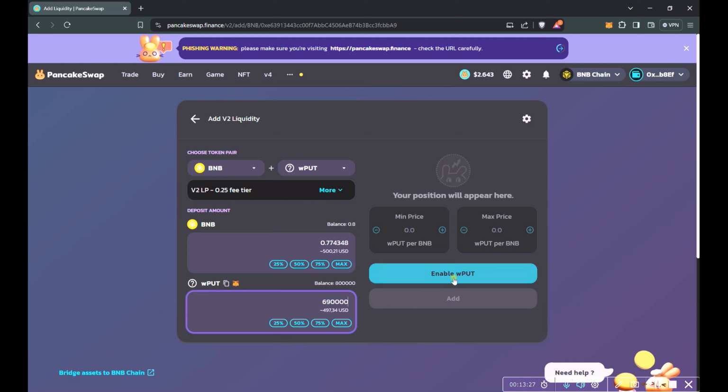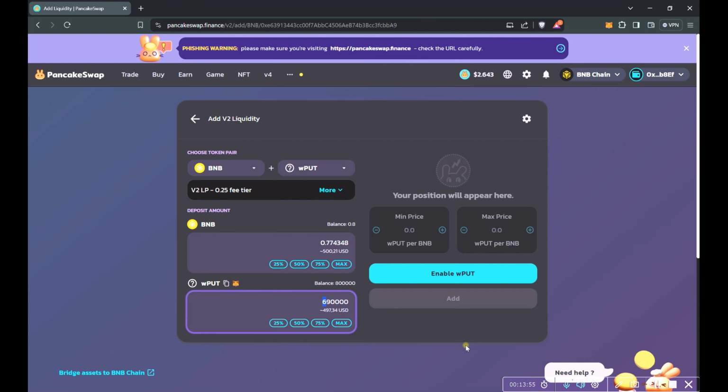You can see we now need to enable the W Putin coin pool in our MetaMask in order to be able to add liquidity. But before, you just have to keep in mind that you cannot add more liquidity than you got in tokens on the MetaMask. So we've got around 800,000 Putin coin tokens, as you can see here above.